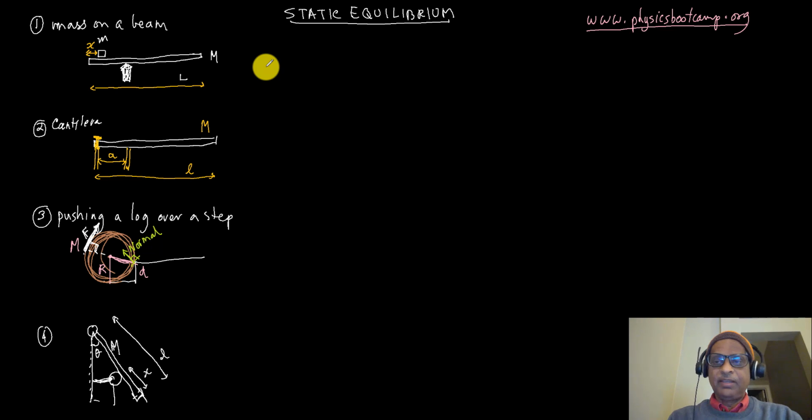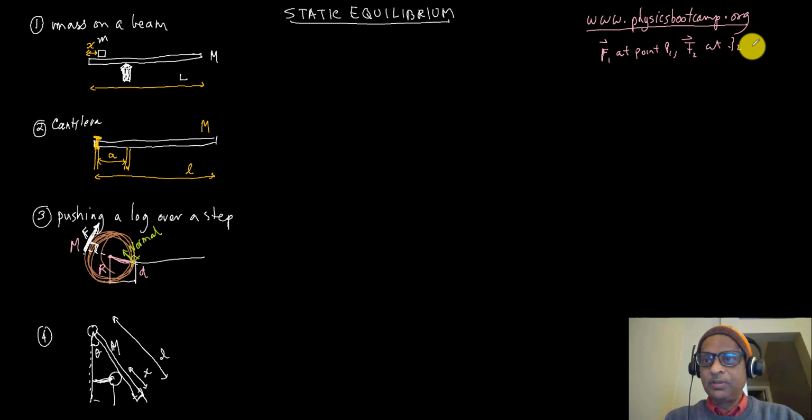In that case, suppose you have force F1 at point P1, F2 at P2, so you have all these forces at different points in the body.